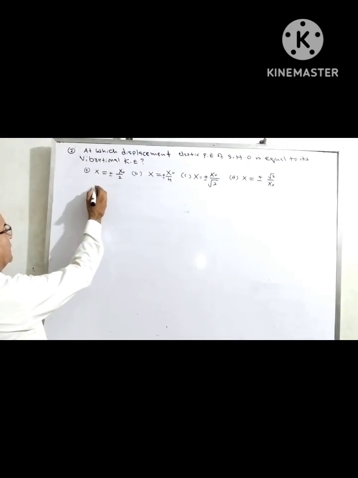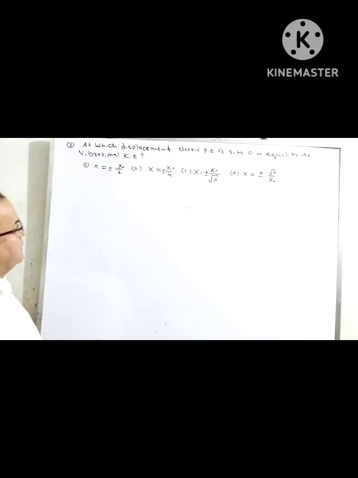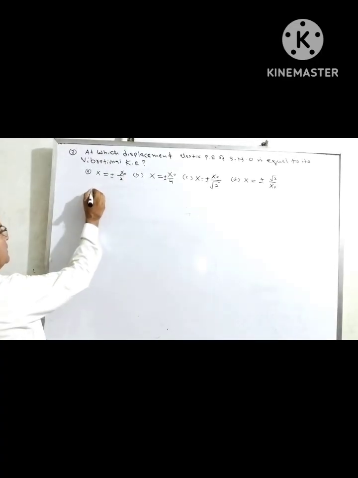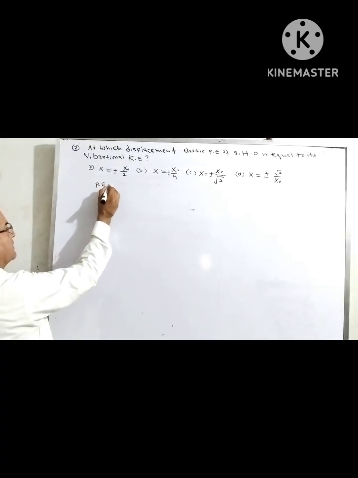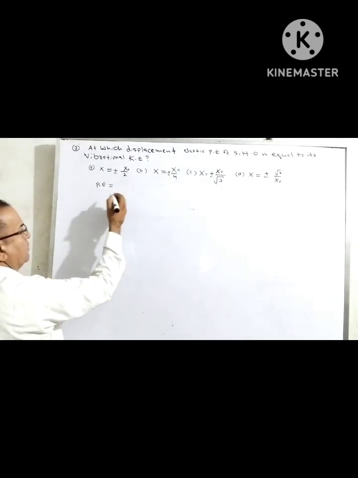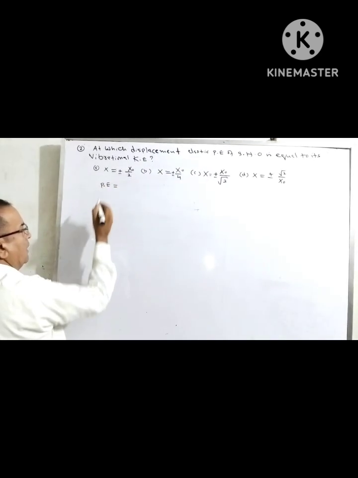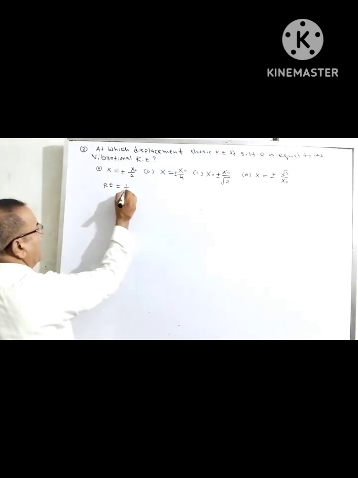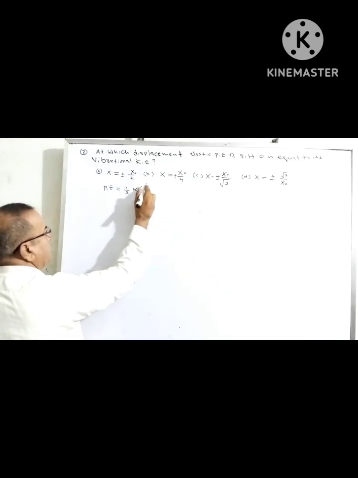First of all, we write the formulas of vibrational kinetic energy and elastic potential energy. We know that the elastic potential energy of a simple harmonic oscillator or mass spring system is 1 by 2 kx square.